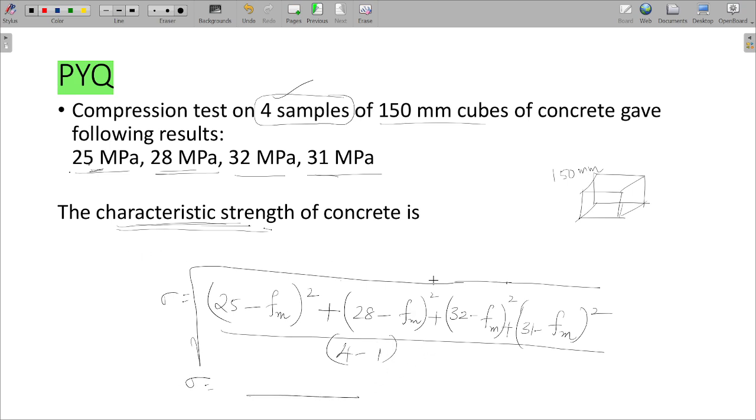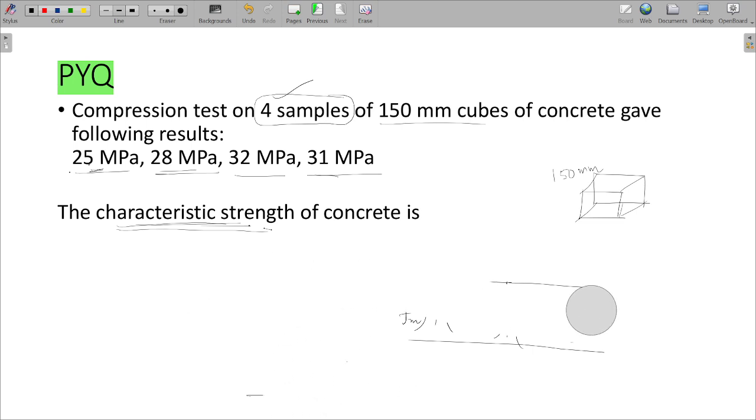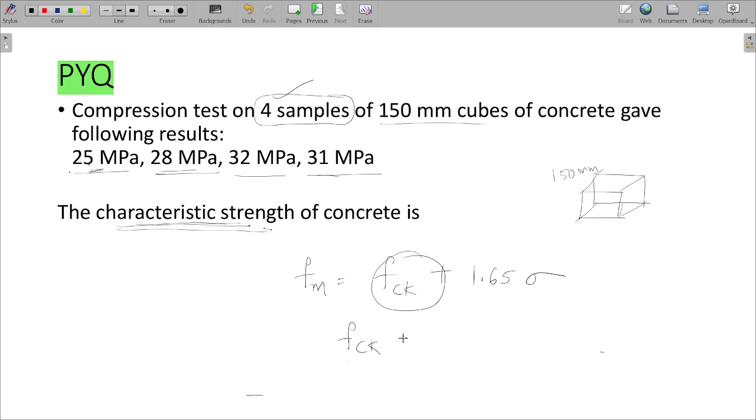So after finding Fm and sigma, we can substitute these values in the formula Fm equal to Fck plus 1.65 times sigma. They have asked for Fck. So Fck equal to Fm minus 1.65 times sigma.